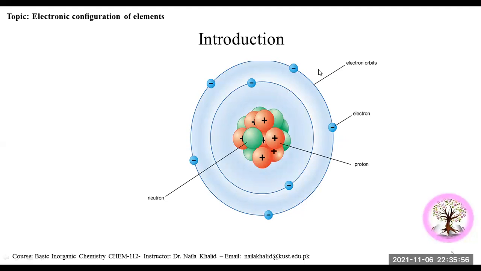Each shell is further divided into subshells, which are known as orbitals. So what is an orbital? It is not a hard surface. You can find the maximum probability of finding an electron in an orbital. If the probability of finding the electron is high, then this is the orbital.